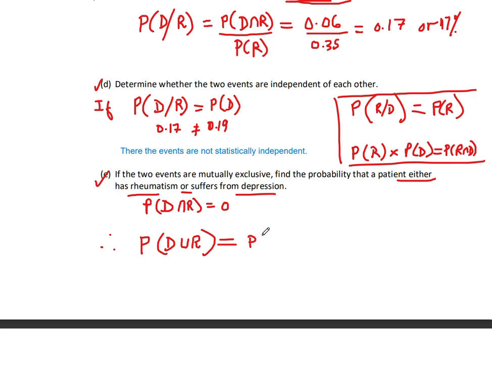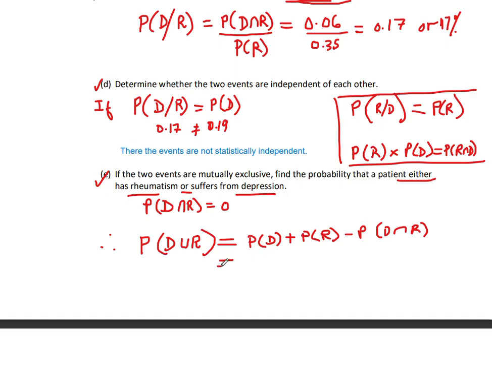The probability of the union of two events is always equal to the probability of one event, in this case D, plus the probability of the other event, which is R, take away the probability of D intersect R.